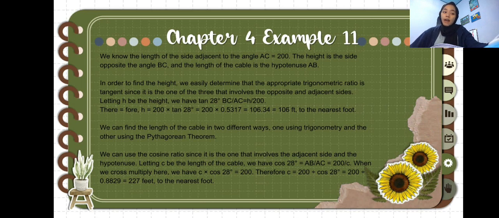We can use the cosine ratio since it is the one that involves the adjacent side and the hypotenuse.